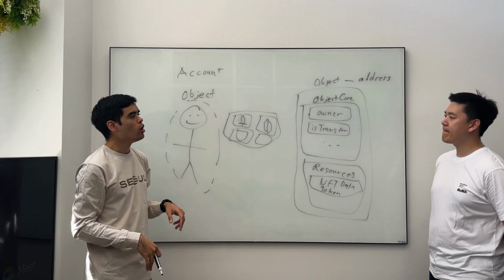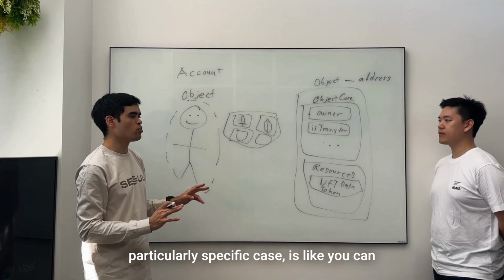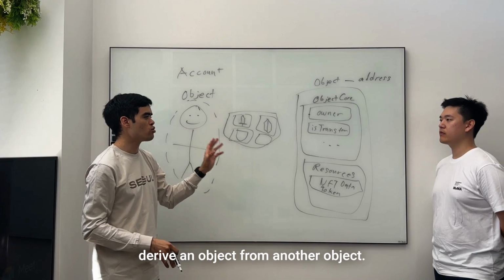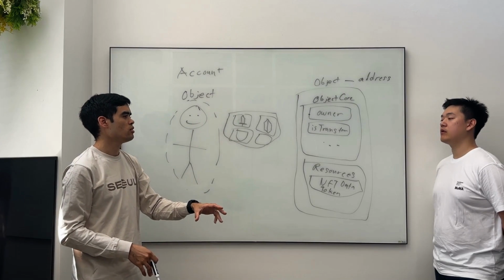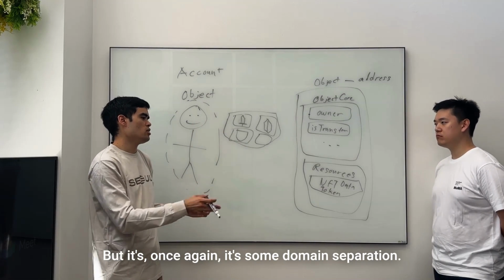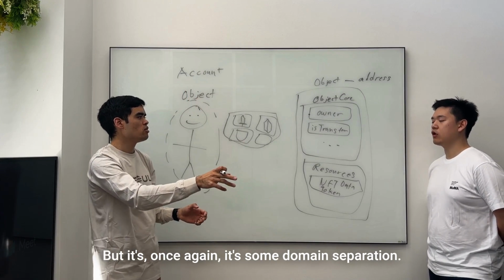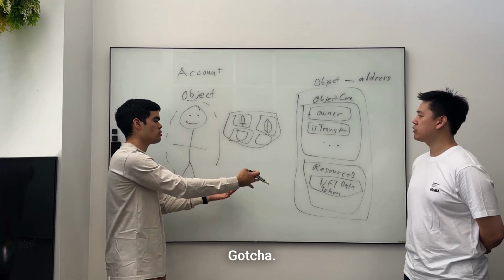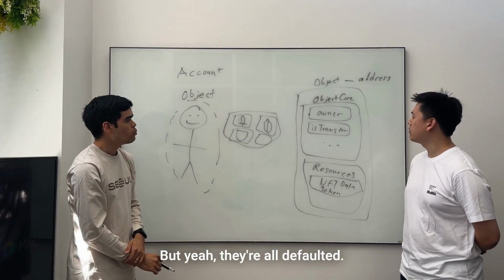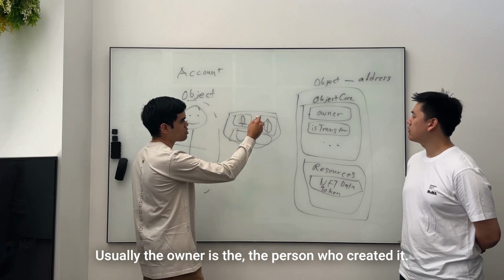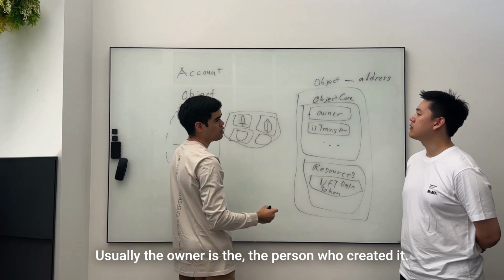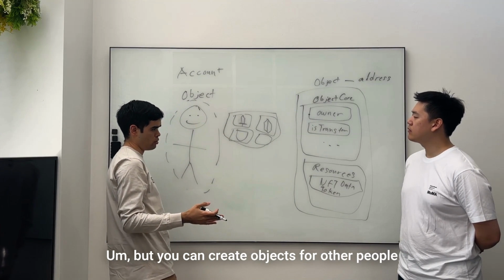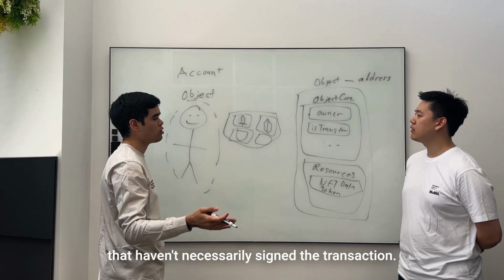The third, a particularly specific case, is that you can derive an object from another object. It's once again some domain separation, an address, and some hashing to create another address. They're all defaulted. Usually the owner is the person who created it, but you can create objects for other people who haven't necessarily signed the transaction.